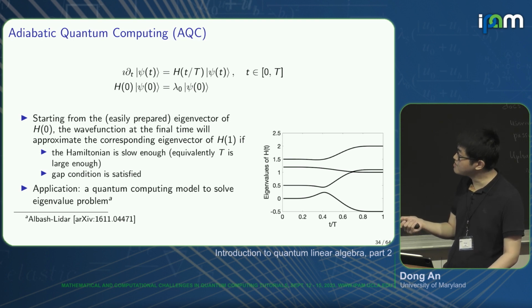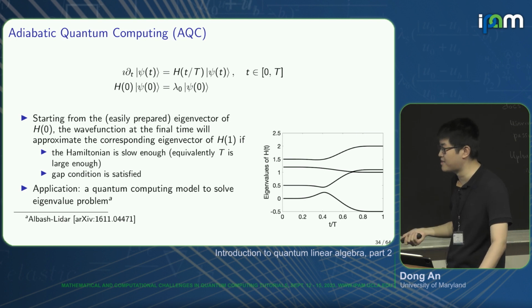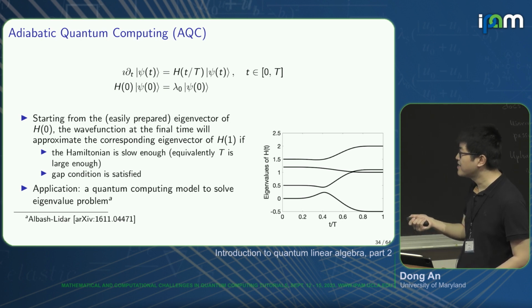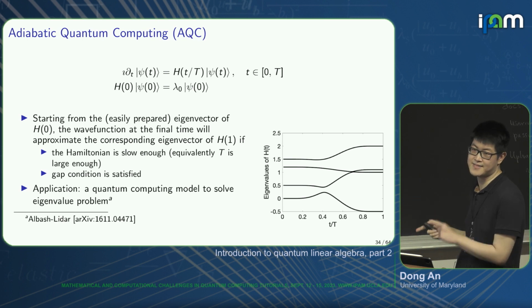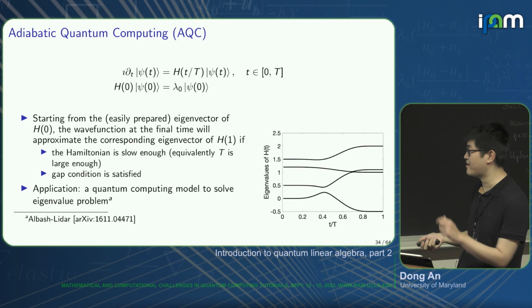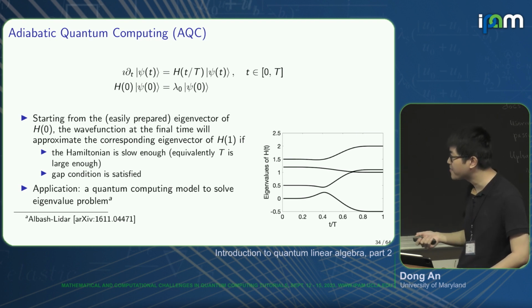If we look at the ground energy path, it is bounded away from the rest of the spectrum by a gap, so this spectral path satisfies the gap condition. This top path also satisfies the gap condition. But the second and the third in the middle have a crossing, they are very close, so they don't satisfy the gap condition.